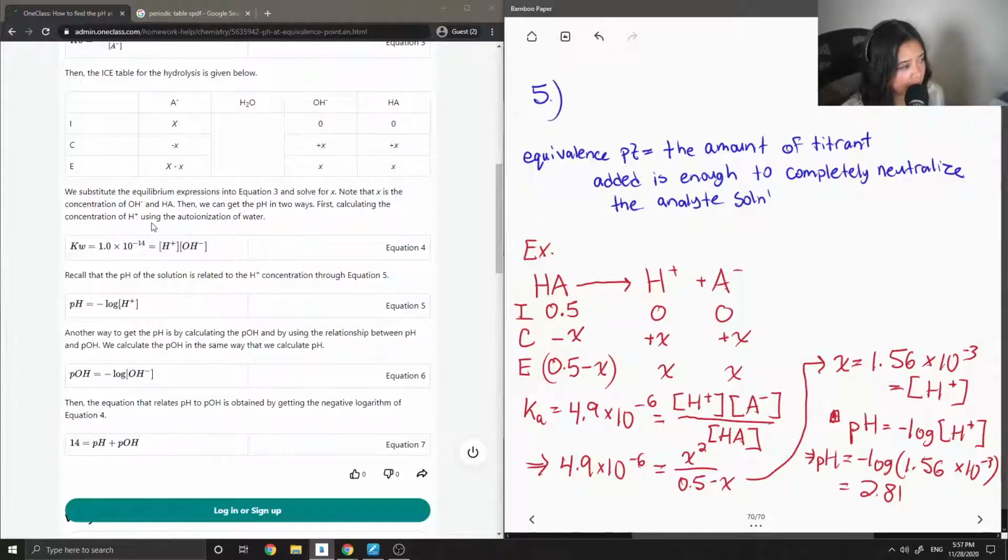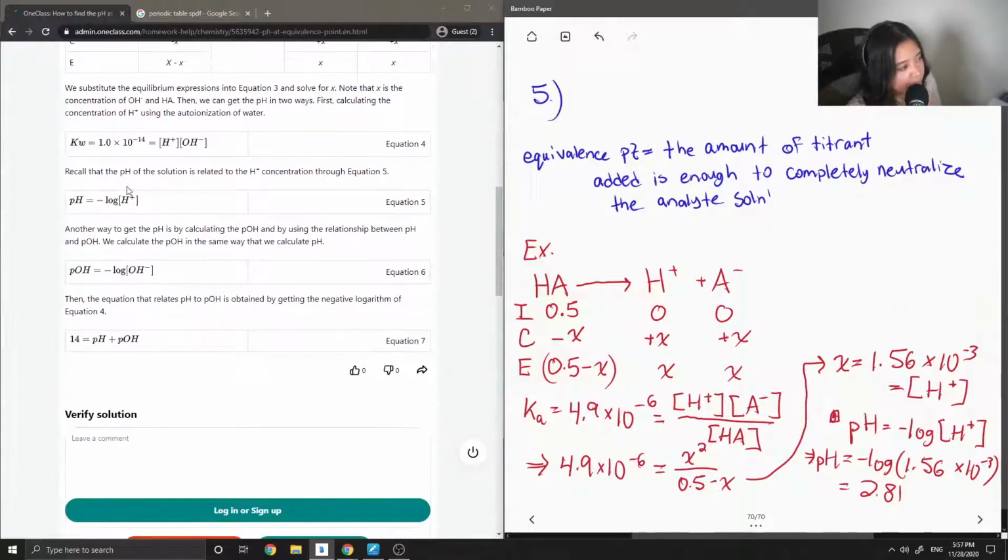First, calculating the concentration of H plus using the auto-ionization of water. So this is another equation where Kw is equal to the concentration of H plus times the concentration of OH minus. And Kw has a value of 1 times 10 to the negative 14.